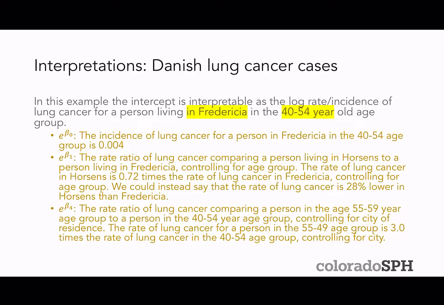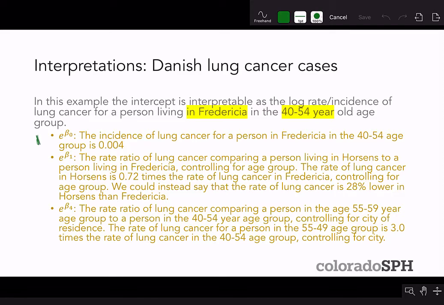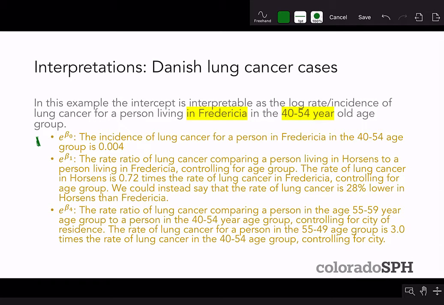The way that we would interpret the exponentiated intercept is that the incidence of lung cancer for a person in Frederica in the 40 to 54 age group is 0.004.